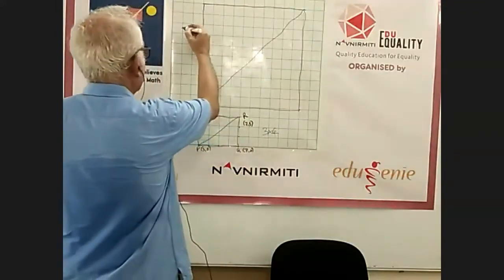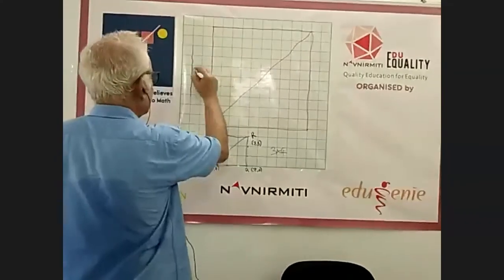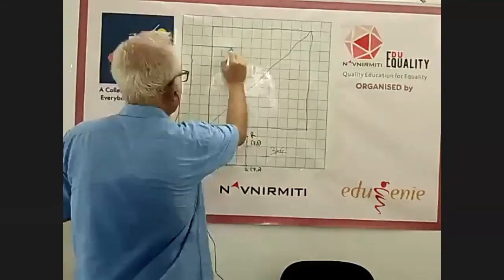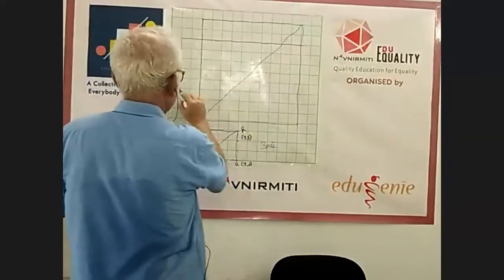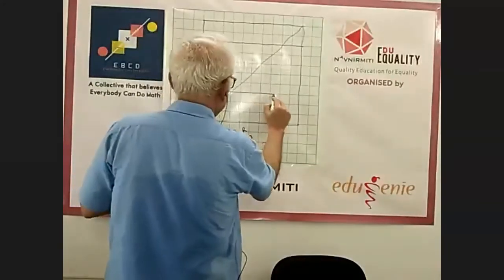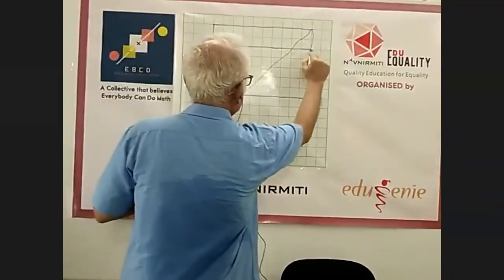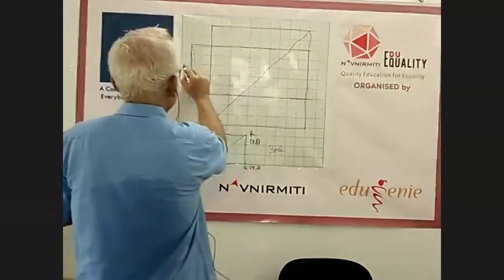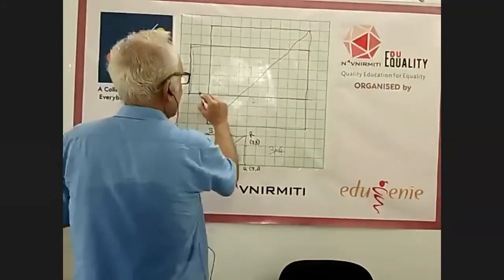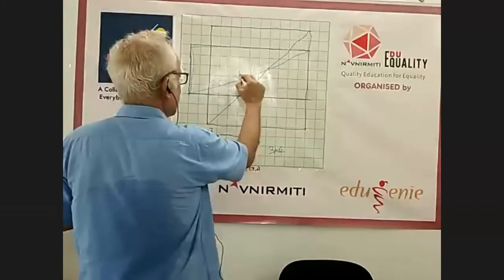I'm drawing that rectangle here. 1, 2, 3, 4, 5. 1, 2, 3, up to 12. So this is the rectangle that you have drawn. This is 5, this is 12, and this is the diagonal. We measure this as 13.